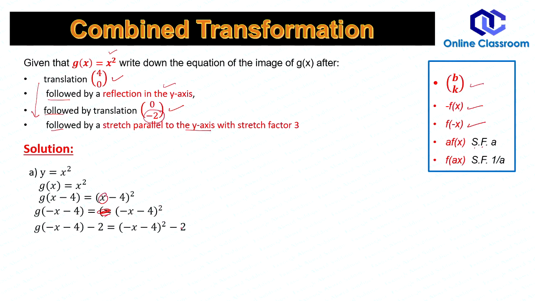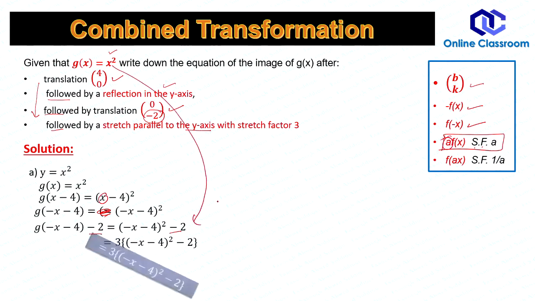To this function, subtract 2. Please follow these steps. And finally, stretch factor 3 parallel to y-axis. 3 means you multiply the whole function by 3. This is the result of these 4 transformations. Your x square function now will be this function.